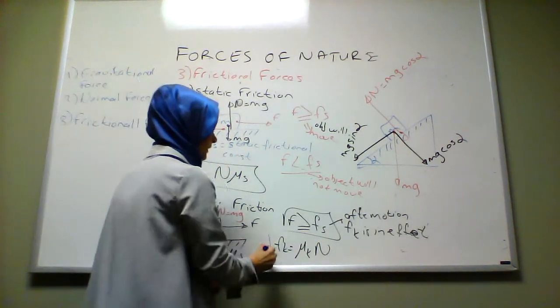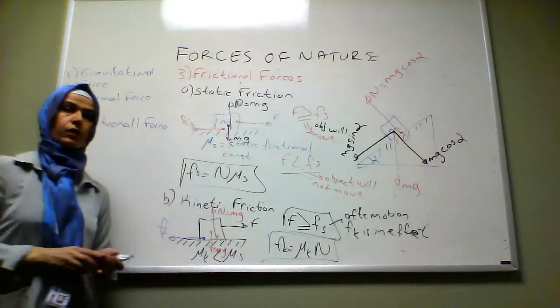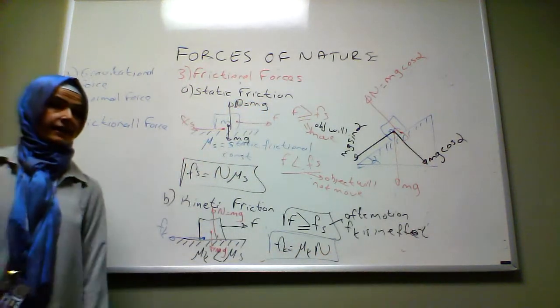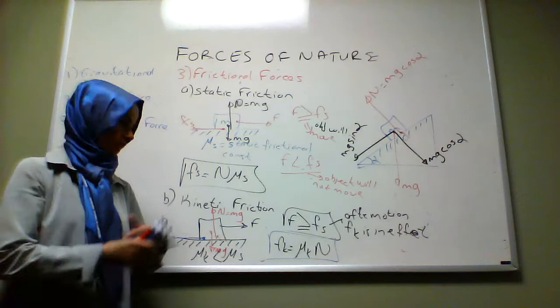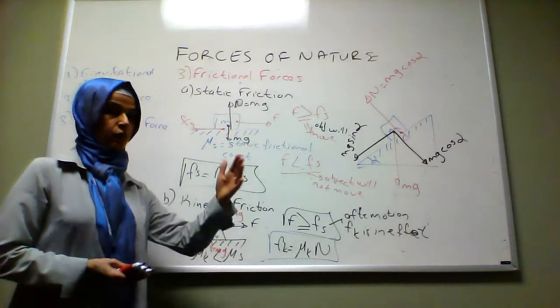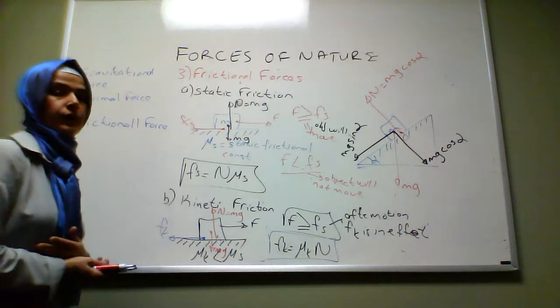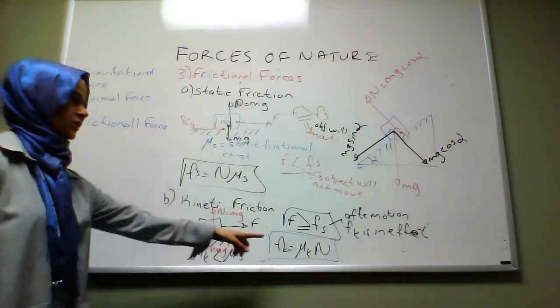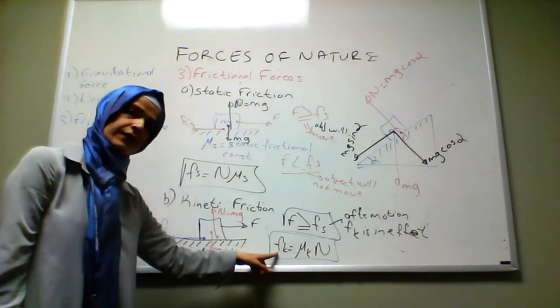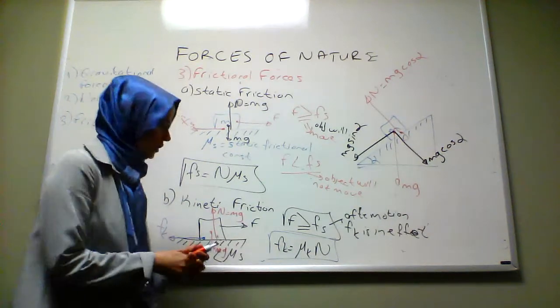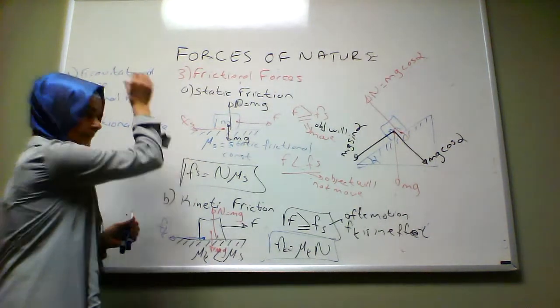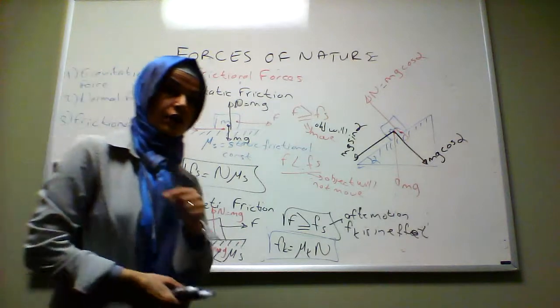I'm putting N, not mg, because as we have learned in the previous part, N is dependent on the object. If there are other forces affecting the surface, whenever there are different perpendicular forces on the surface, N changes. As N changes, friction also changes. This is why in here, if I put this, it falls down because the frictional force is not large enough.